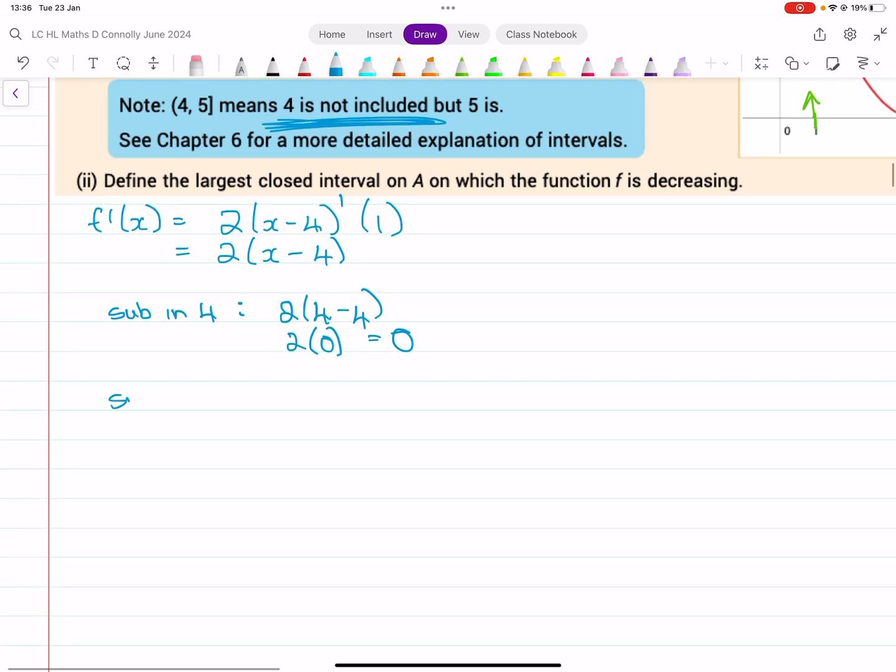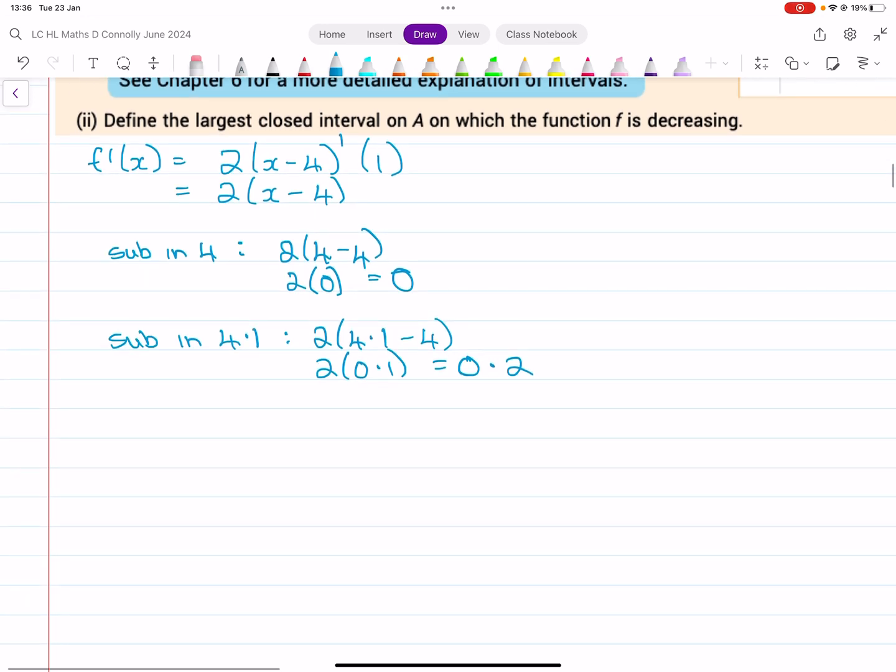Now what if it was just a bit bigger? What if it was 4.1? 2 times 4.1 minus 4 is 2 times 0.1, which is 0.2. And is 0.2 greater than 0? It is. And it will work for all the numbers between that and 5.